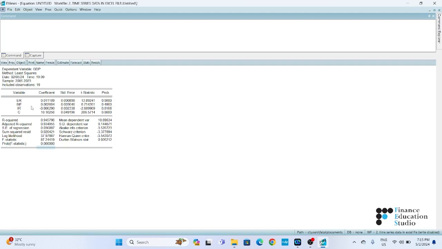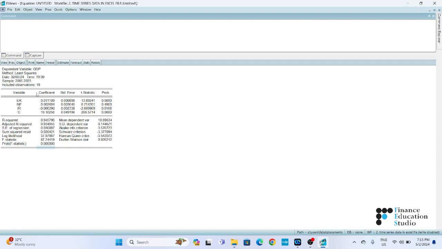And now our second variable is inflation rate. Its p-value is greater than 5%, which means that this variable has an insignificant relationship with our dependent variable, that is GDP. Now looking at our last variable, interest rate, its p-value is less than 5%, that is 0.0168 or 1.68%.